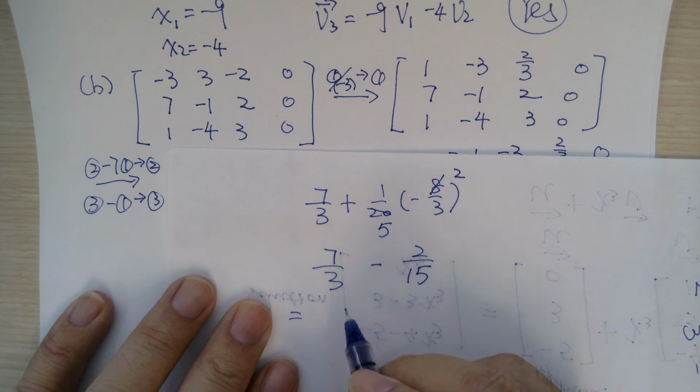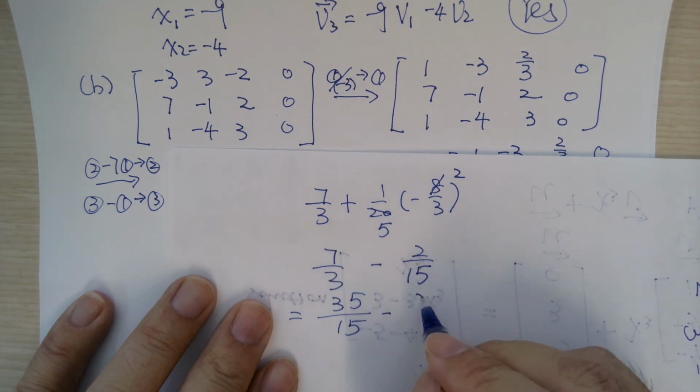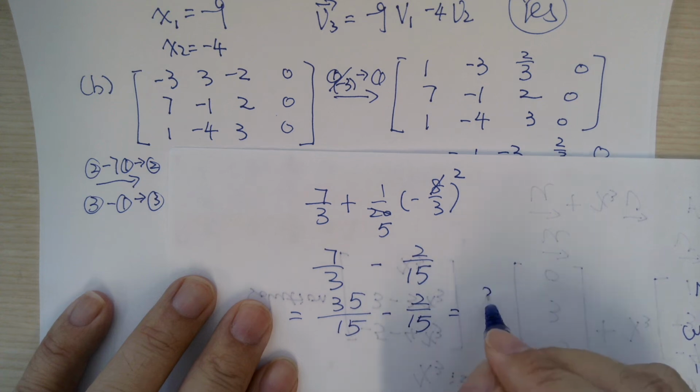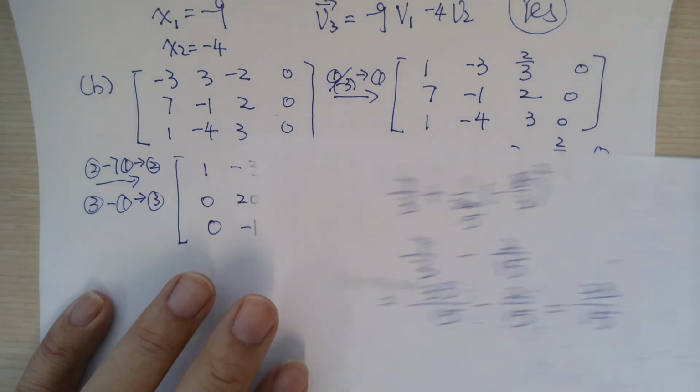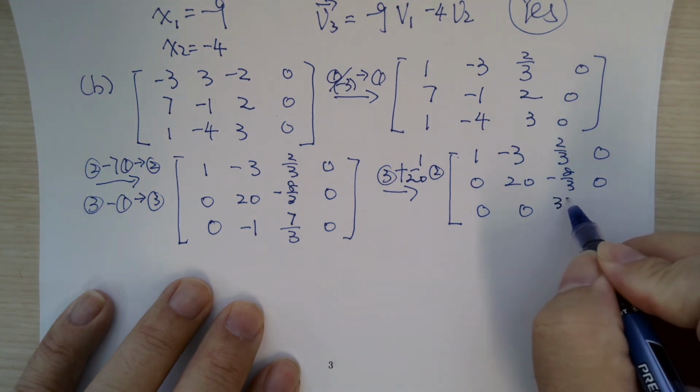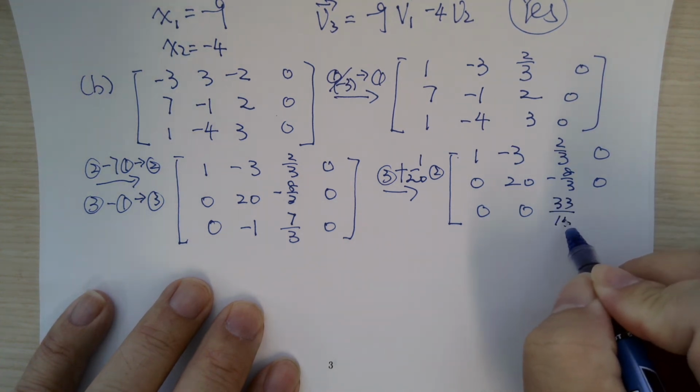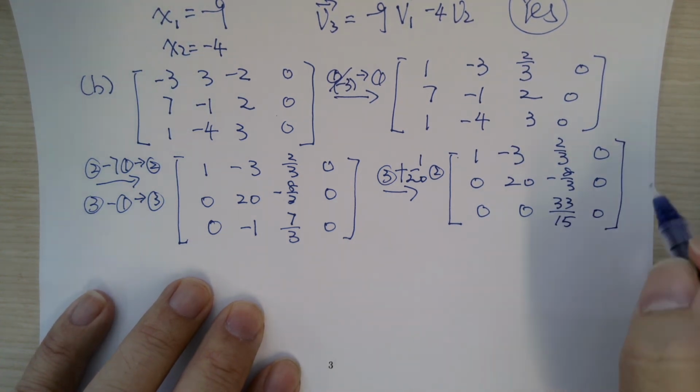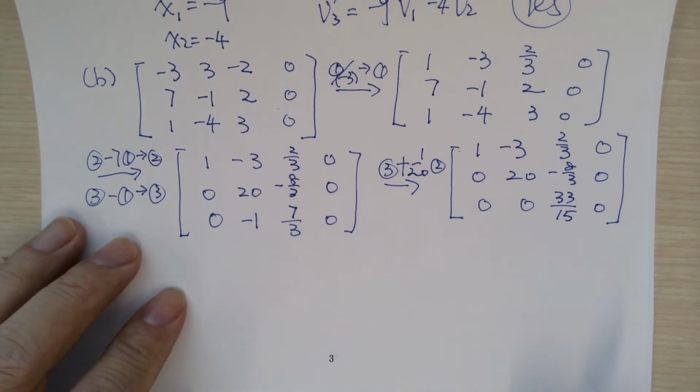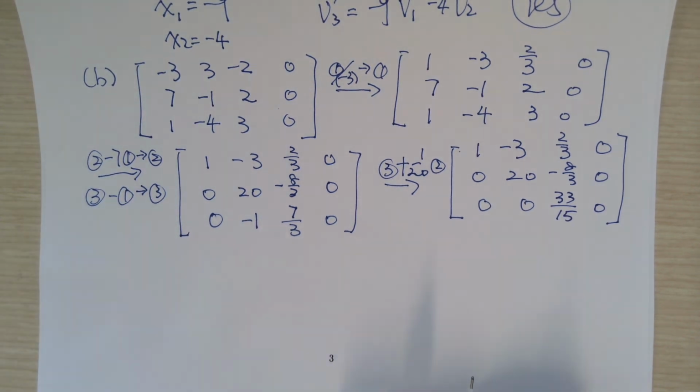And we can do 35 over 15 minus 2 over 15, which gives us 33 over 15. So this part is going to be 33 over 15 here.